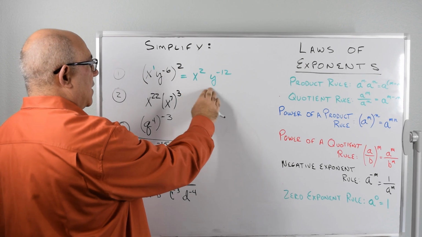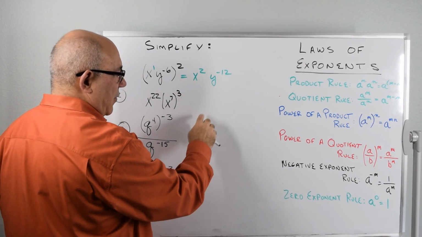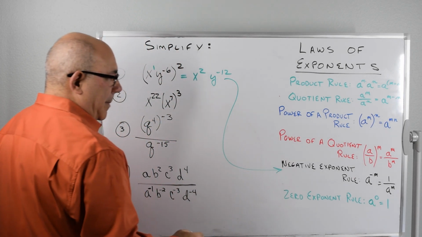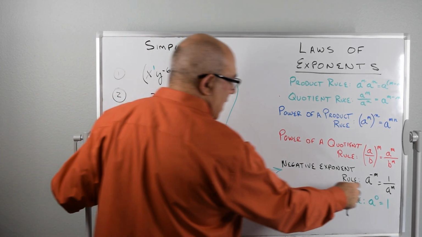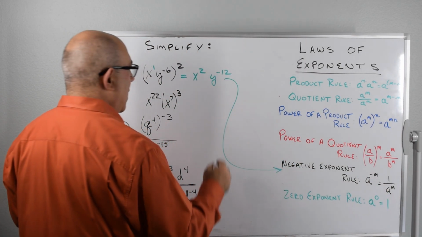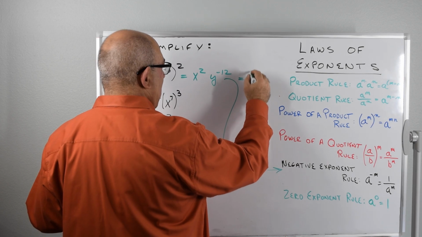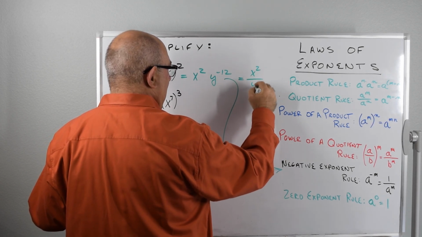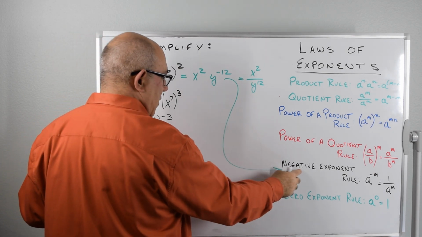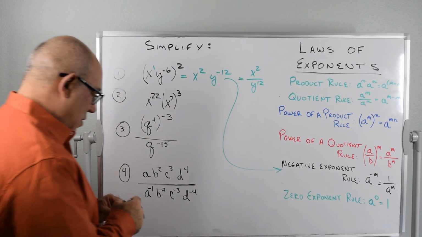Now, you could see this answer because if we look at the negative exponent rule here, when you see a to the minus m, you could also write it as 1 over a to the m. So this would be equal to x squared over y to the 12th. These are exactly equivalent, okay? And that would be using the negative exponent rule, okay?